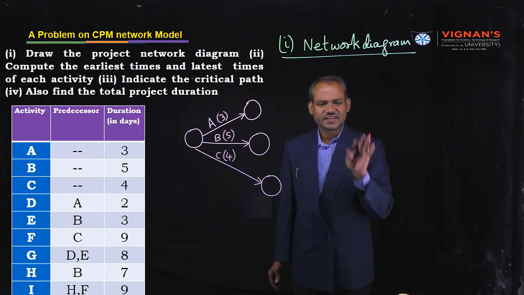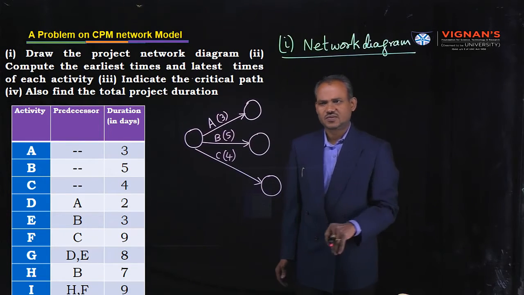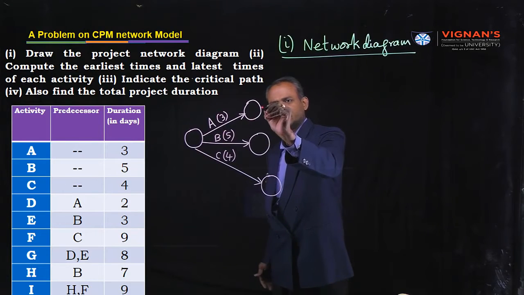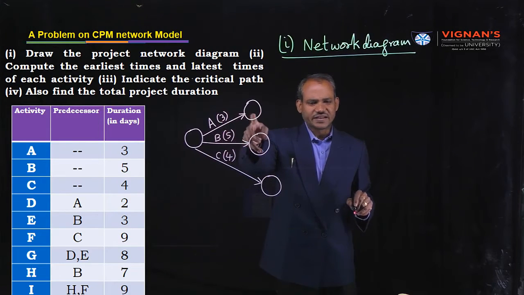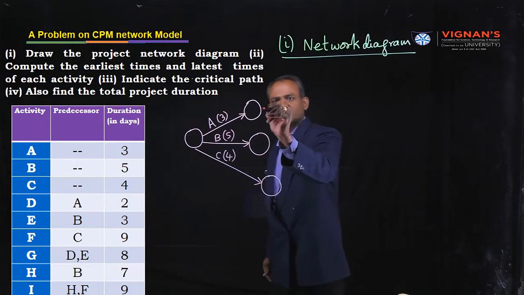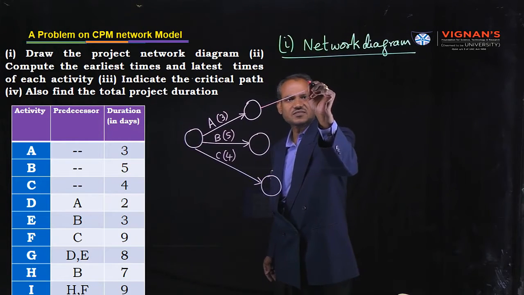D activity can be started after immediate completion of activity A. This is the meaning. Therefore, the ending node of activity A comes under starting node of activity D. Draw one arrow mark like this.